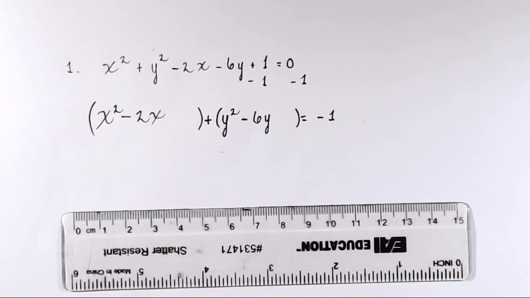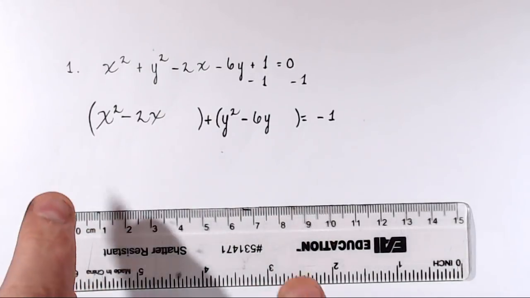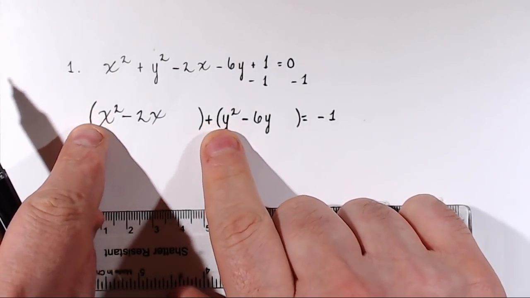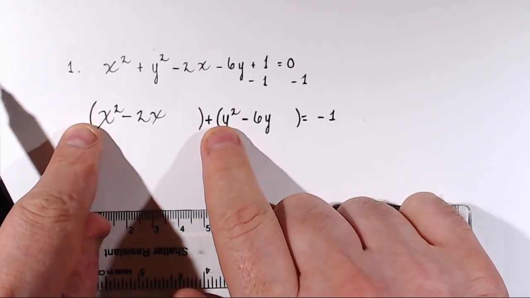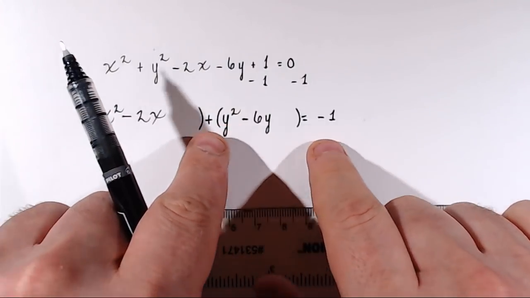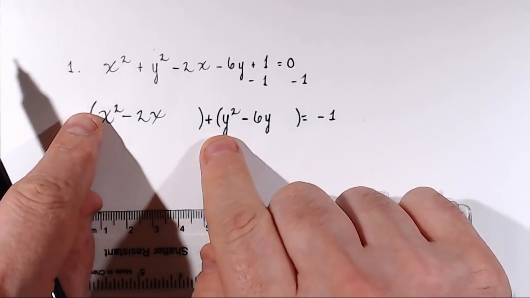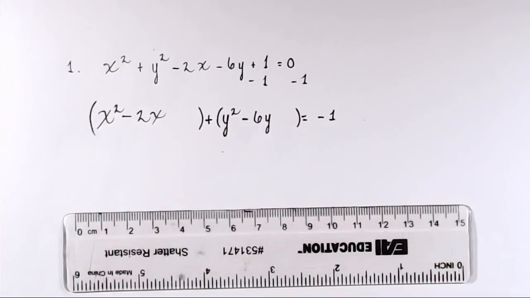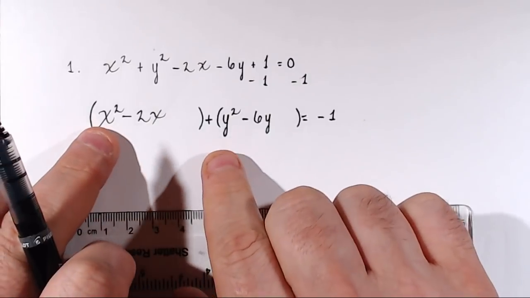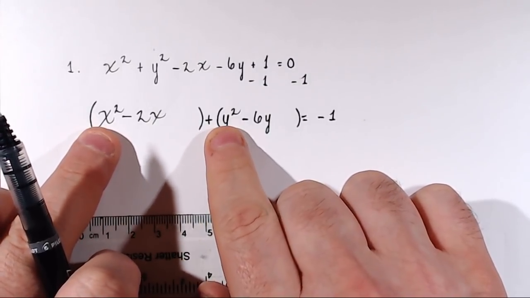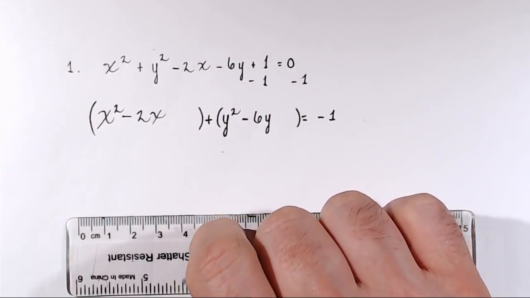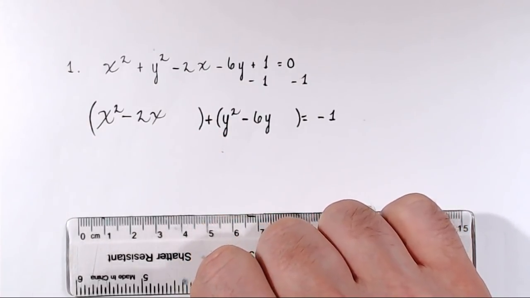In cases where there are numbers in front of those two variables, they'll be the same number. It could be 2, 3, 4, whatever. You'll just divide each term of the equation by what's called the leading coefficient. And then once you get x squared and y squared where there's no leading coefficient at all, not even a negative sign, you are ready to complete the square.